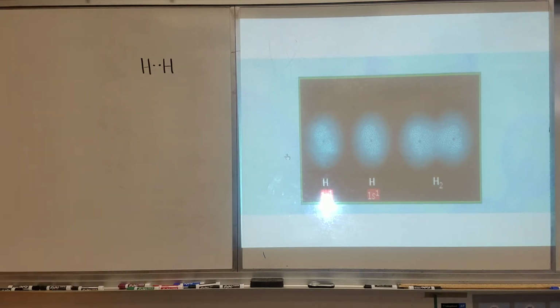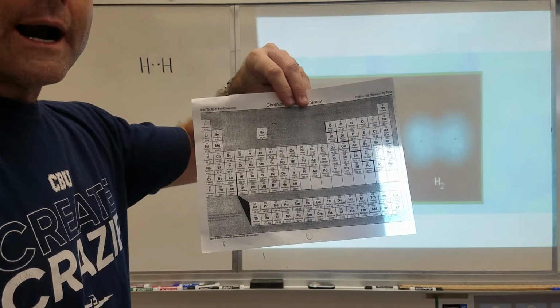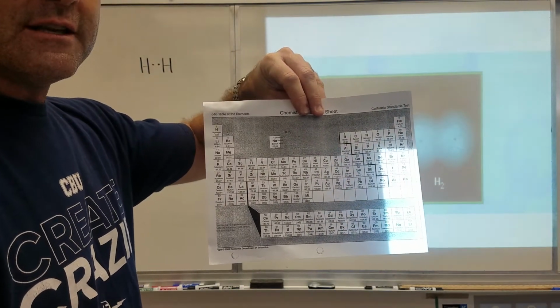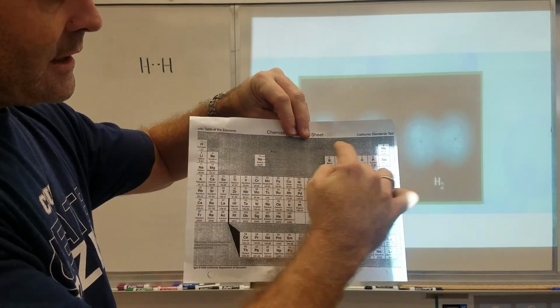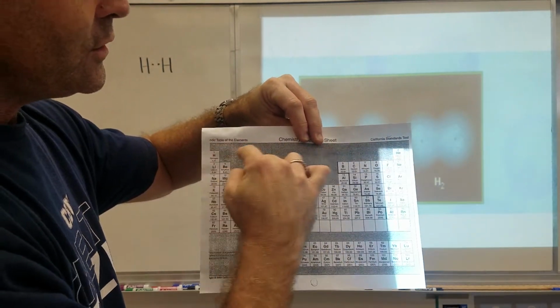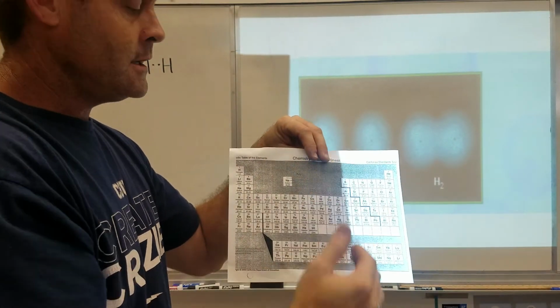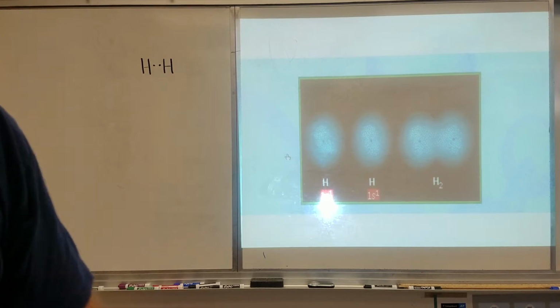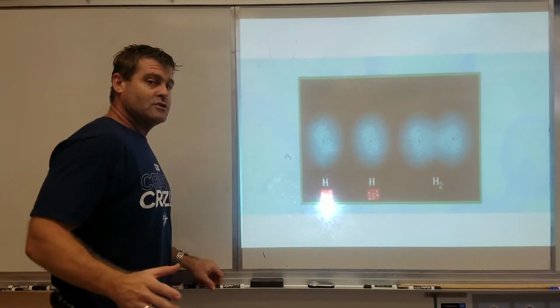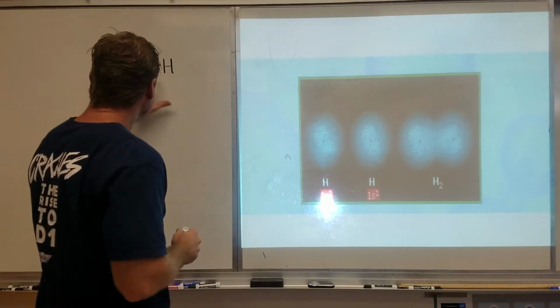No. Remind you with the periodic table, how many total electrons would be required to fill hydrogen's outer shell? Well, if you just count across a period, there's 1, 2. Remember there's a maximum of 2 electrons on that first energy level. It's still 1s2. So how can hydrogen achieve that noble gas electron configuration where its outer shell is full?